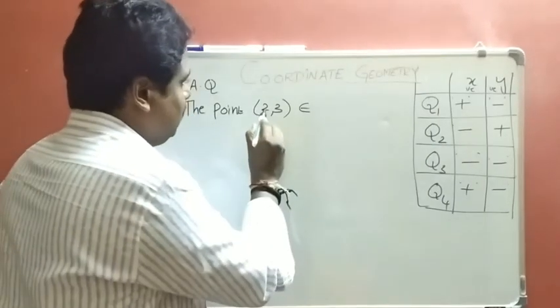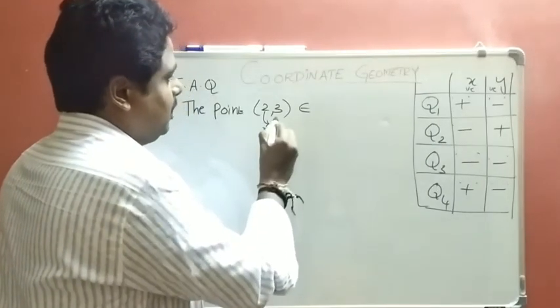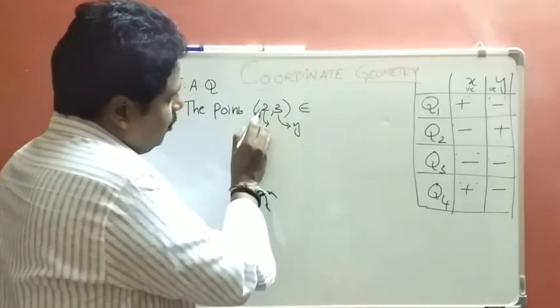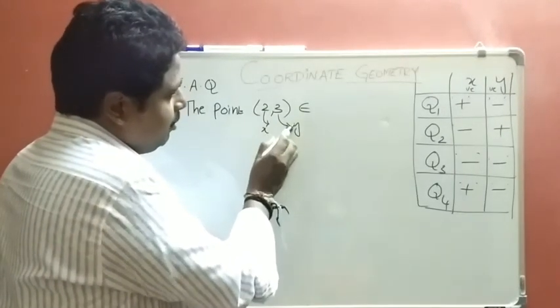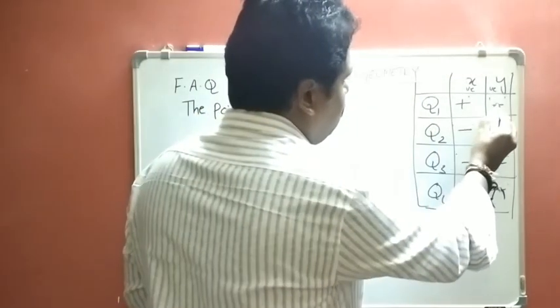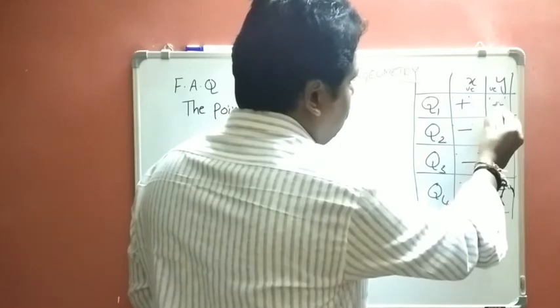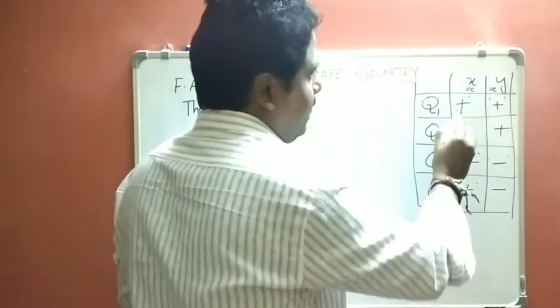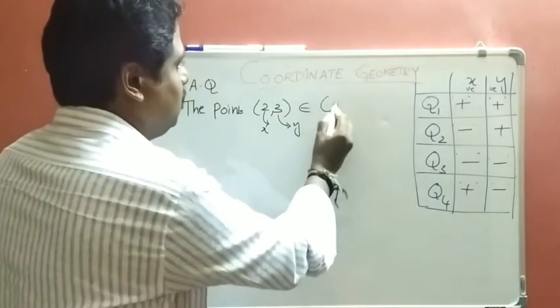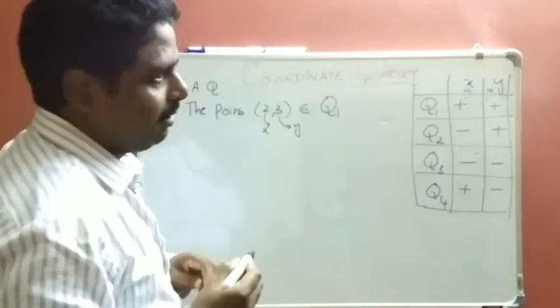Here you observe, this is the x coordinate and this is the y coordinate. We know that x is equal to 2, which is positive, and y is equal to 3, which is positive. So x positive, y positive, so this belongs to Q1.